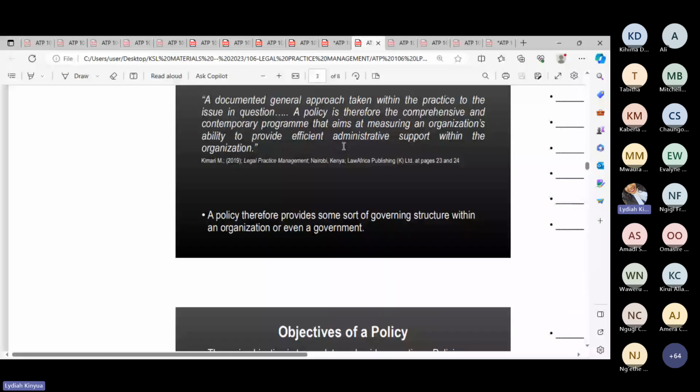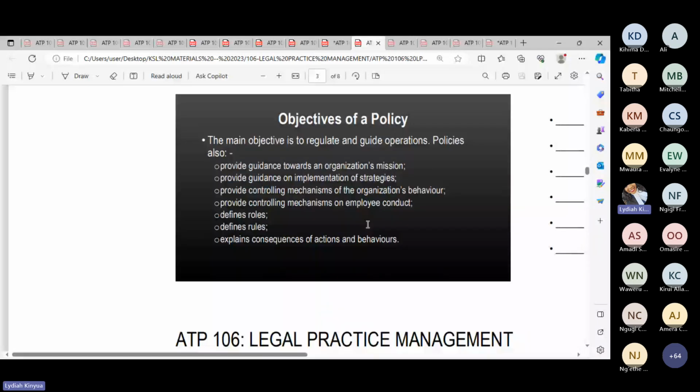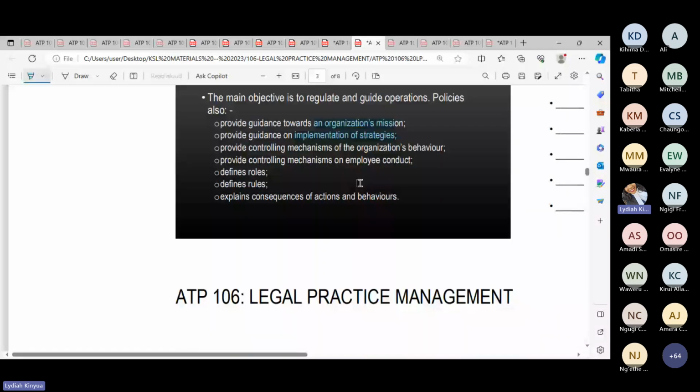The objectives of a policy could be, number one, to provide guidance on how to reach our mission as an organization. Equally, to provide guidance on how to implement a strategy. So if it's our strategy to eliminate all forms of sexual harassment and discrimination, then we come up with a sexual harassment policy. Equally, to provide a controlling mechanism of organizations' behavior and of employees' conduct.